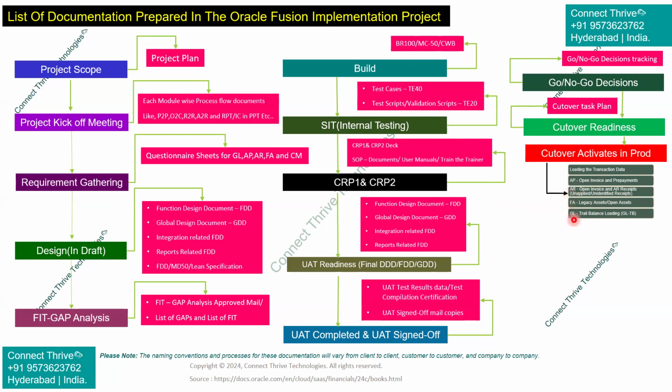Okay. So the next one, once the cutover activities are done, then we have the go no go, go live. Here we will announce the go live based on the specific go live date. Before announcing the go live, we have a checklist for all module related tasks.